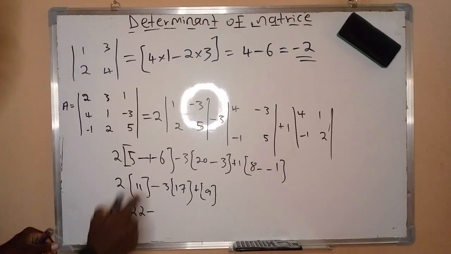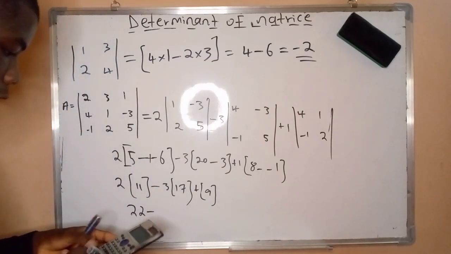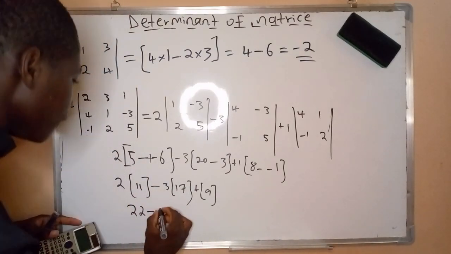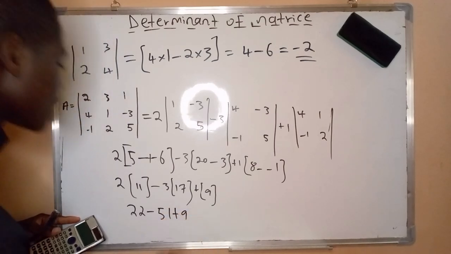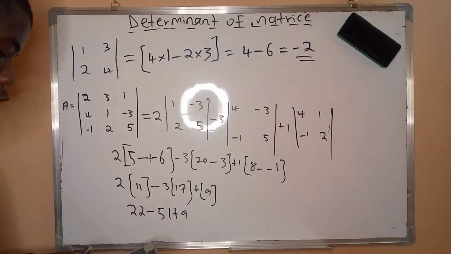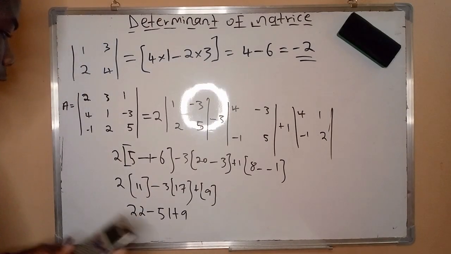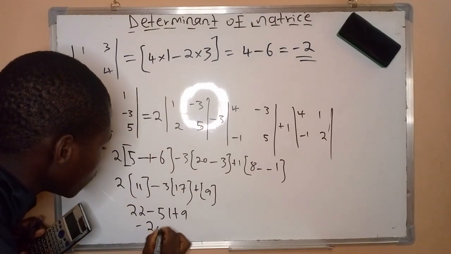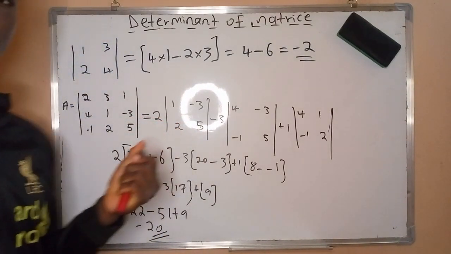Therefore, 3 multiplied by 17, I will have 51. 51 plus 9. So therefore, 22 minus 51 plus 9 is equal to minus 20. So therefore, this is the inverse of this 3 by 3 matrix.